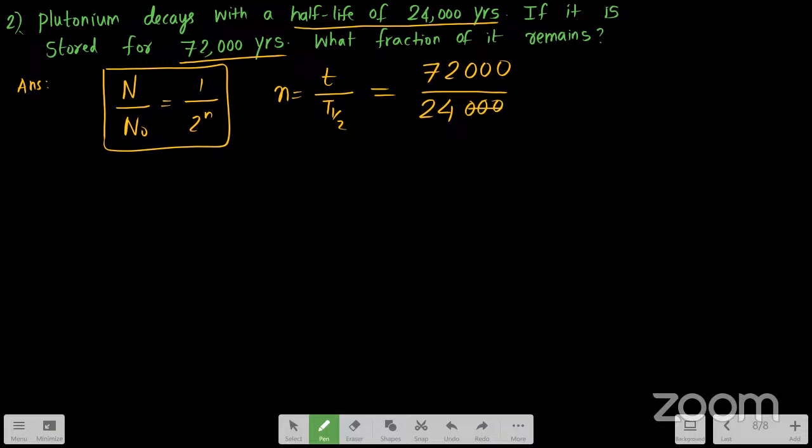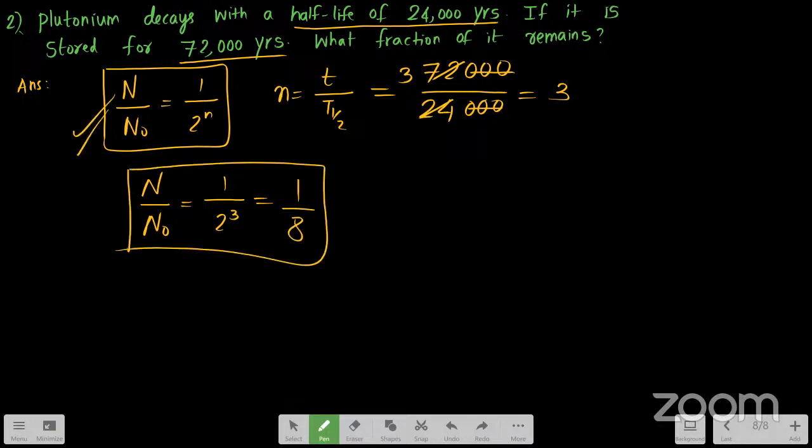The 3 zeros cancel, and 24 ones are 24, 24 threes are 72. So the value of n we get is 3. N by N naught is equal to 1 by 2 power 3, that is nothing but 1 by 8. If you are able to remember this formula and this answer, it would be sufficient for you.